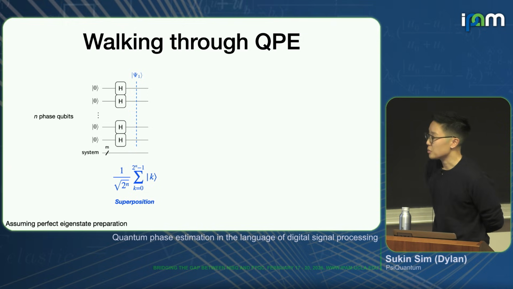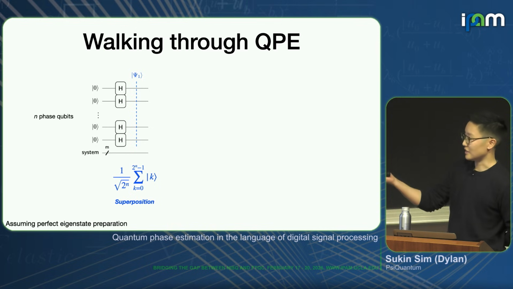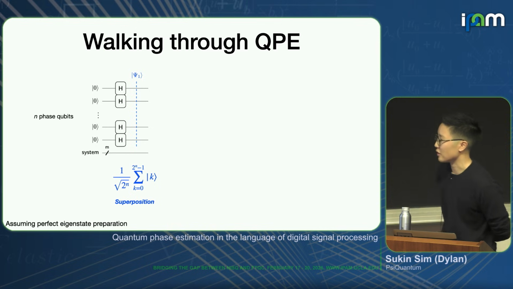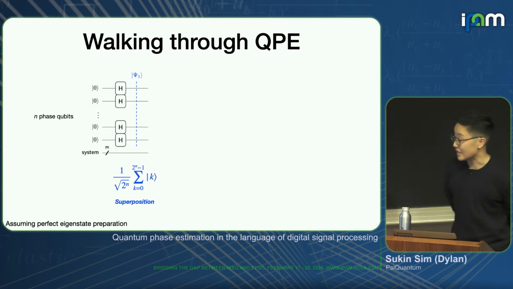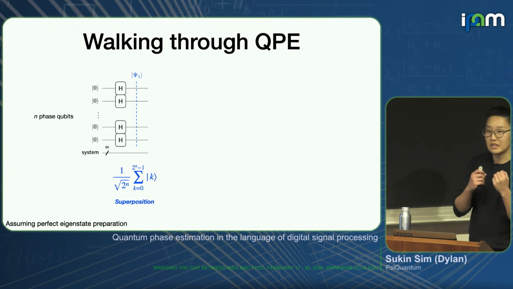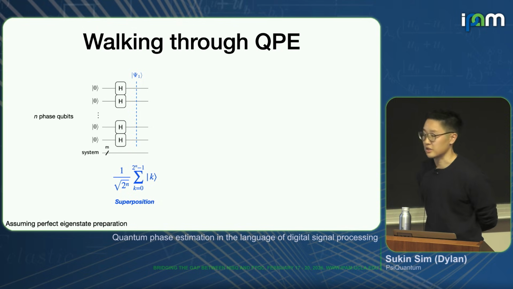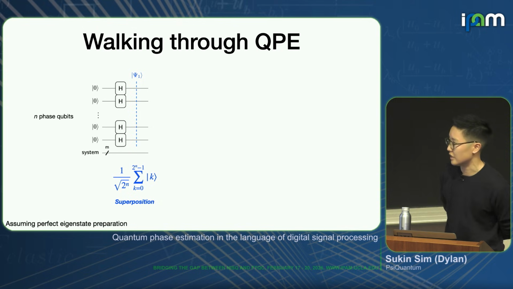For today, I'm going to assume perfect eigenstate preparation, which I know is a huge assumption, but for the case of a more pedagogical workflow, I think it's nicer to pull out and only focus on how the phase register evolves throughout the circuit.